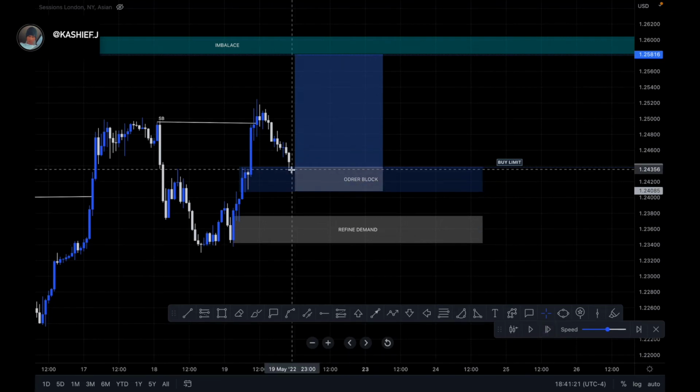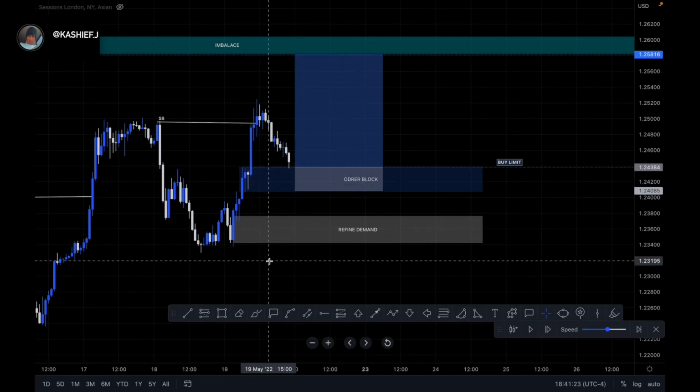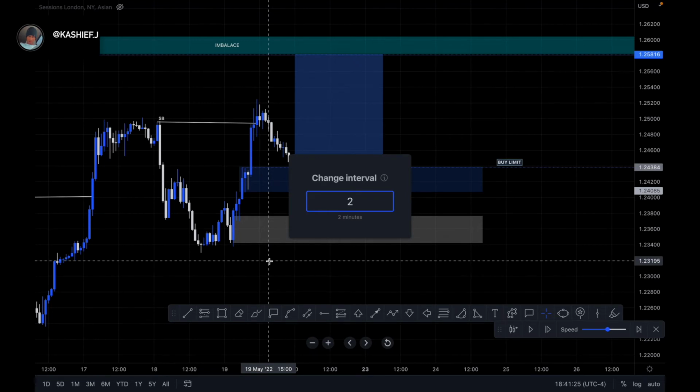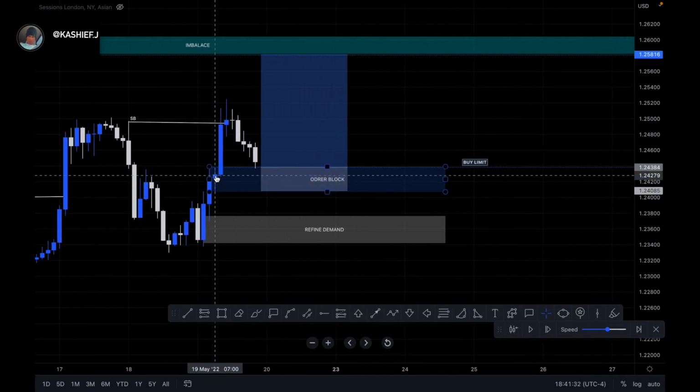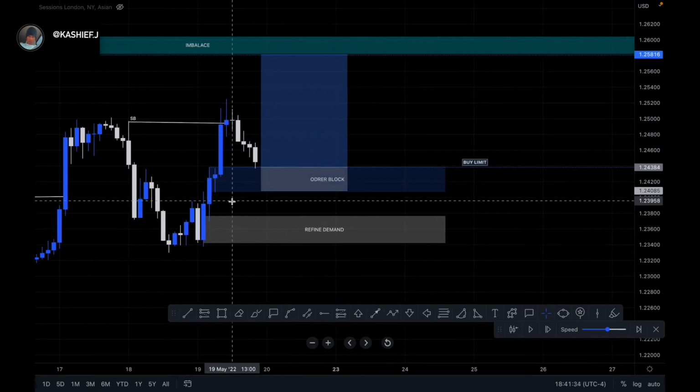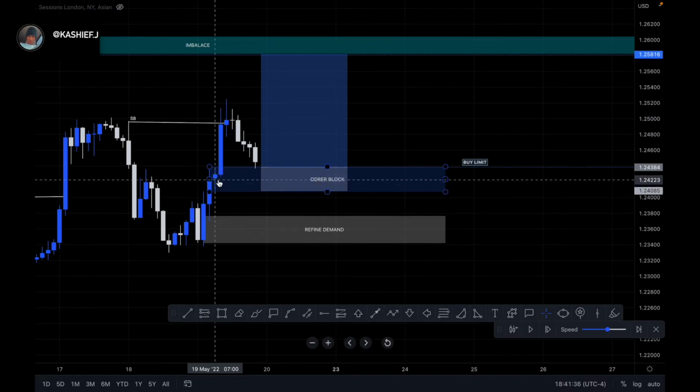Once the market tapped this OB zone, the 2 hour OB zone, the 2 hour order block, I was in. The reason why this is an order block is that most persons say, all right, why is this an order block when it's a bullish candle?